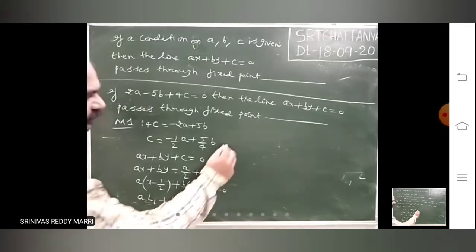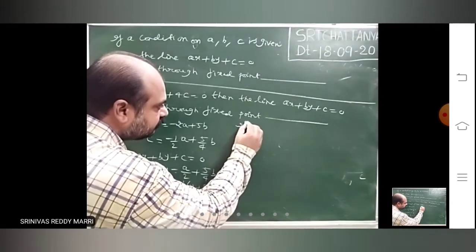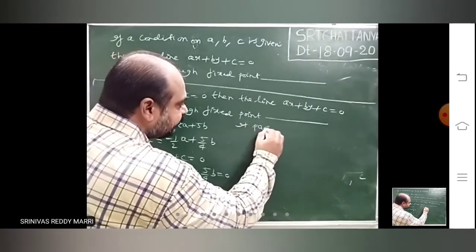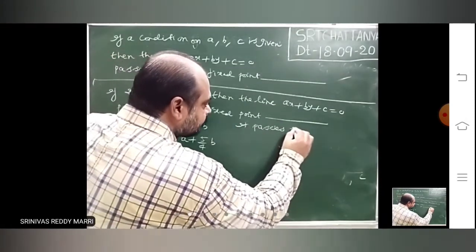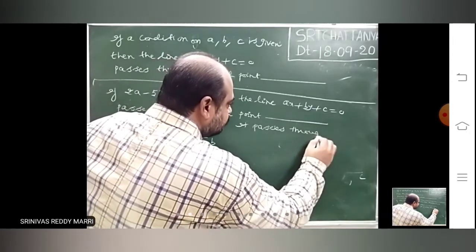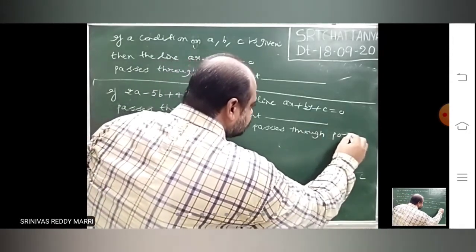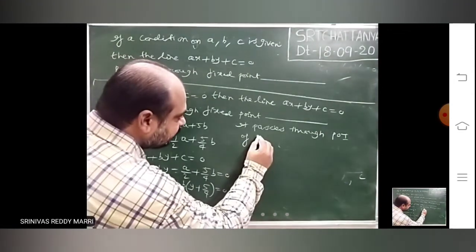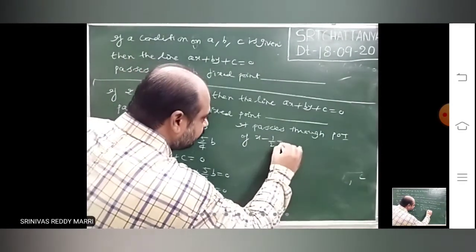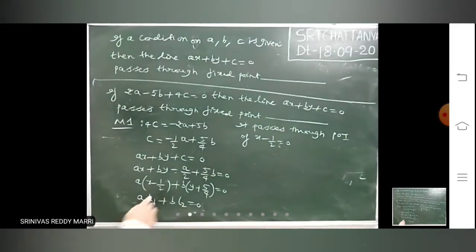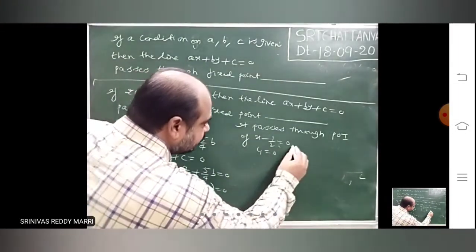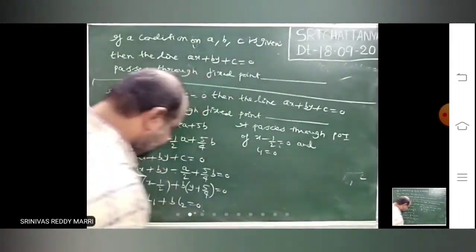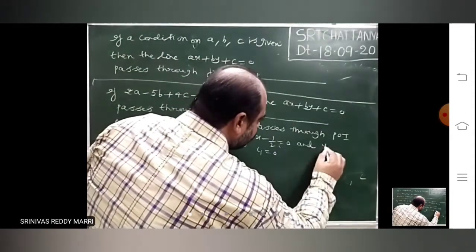If it is of this form, it represents a family of lines. It passes through the point of intersection of L1 equal to 0 and L2 equal to 0.